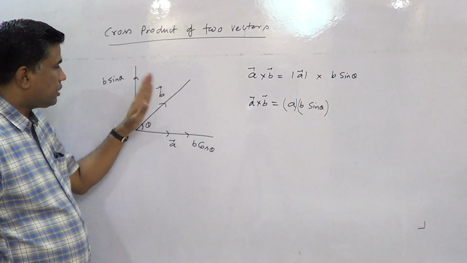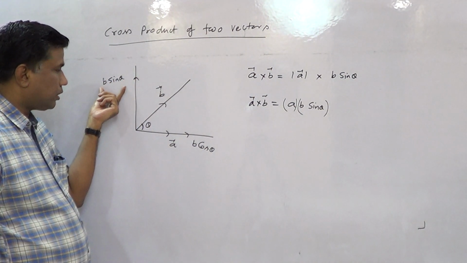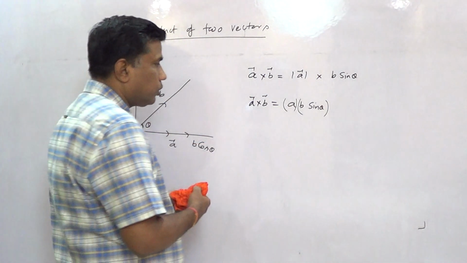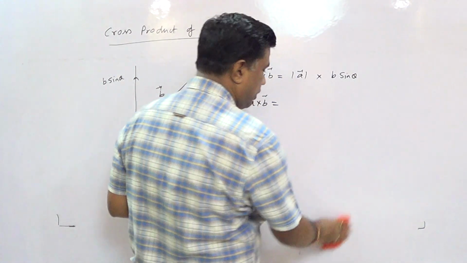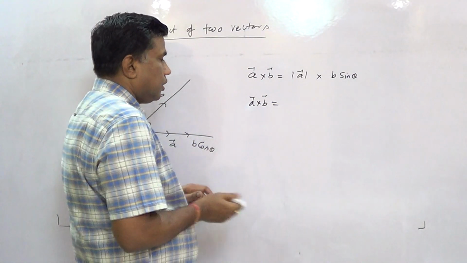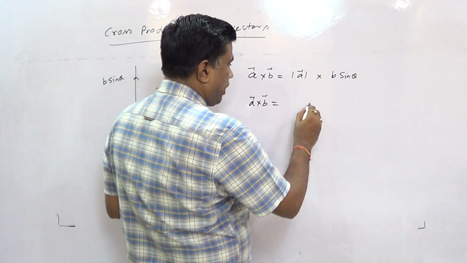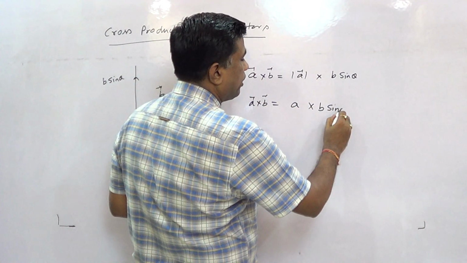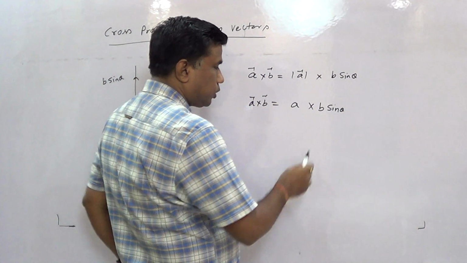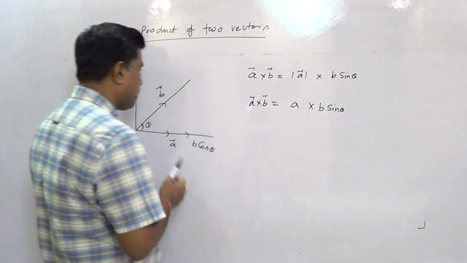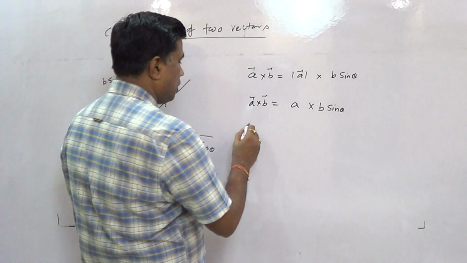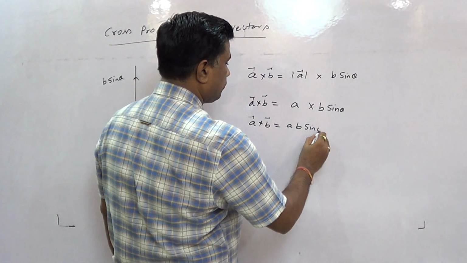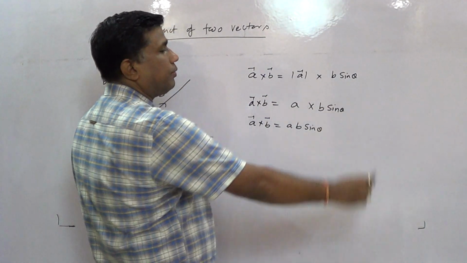See, this B sin theta is the component of second vector B perpendicular to vector A. So listen once more so that you can understand its definition properly. Cross product of two vectors may be defined as product of magnitude of first vector and component of second vector perpendicular to first vector. So we can write, students, A cross B equal to A into B into sin theta. Students, this is the magnitude of cross product of two vectors.